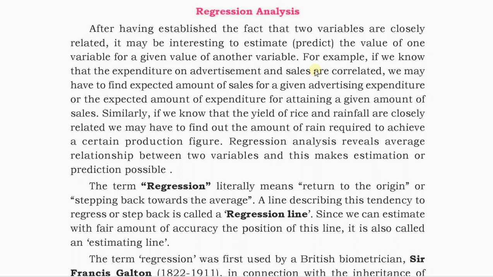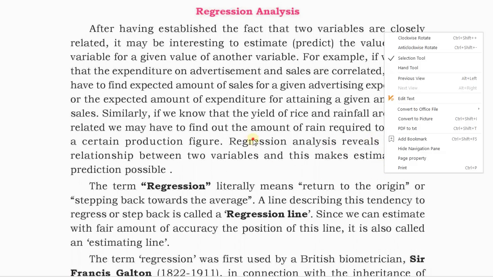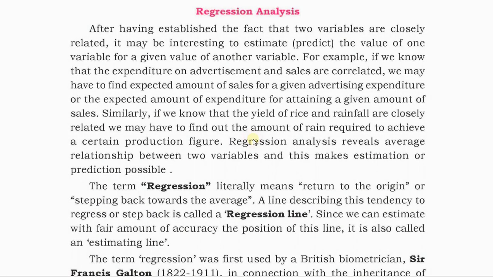So regression basically helps in predicting or estimating the future values. If two variables are given to you, then what would be the effect of one on the other, that is their correlation. But in order to achieve the effect, what changes I should make in the independent variable, this concept is regression.